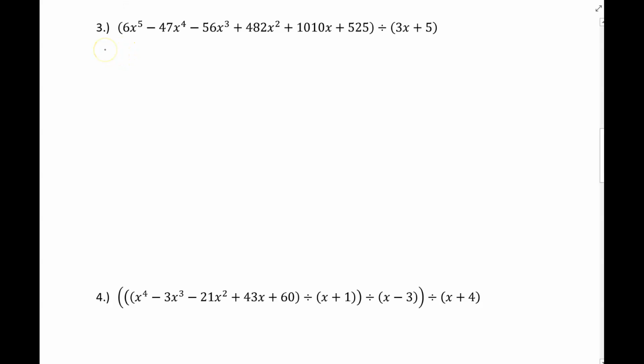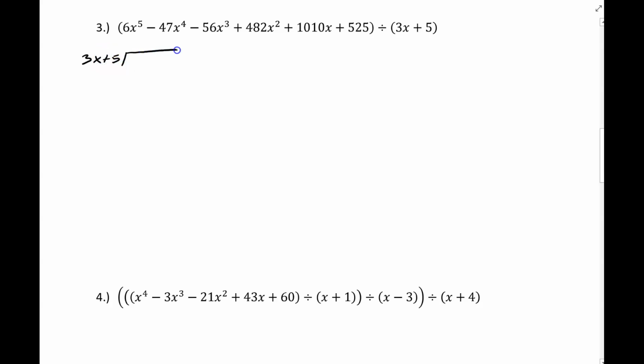So we should note that if I look at this problem to decide whether I want to do synthetic division or long division, I need to look at the divisor. The divisor here is 3x plus 5. And although the degree on that divisor is 1, its leading coefficient is not 1. So I can't use synthetic division as it's currently written. So we'll set this up as a long division problem.